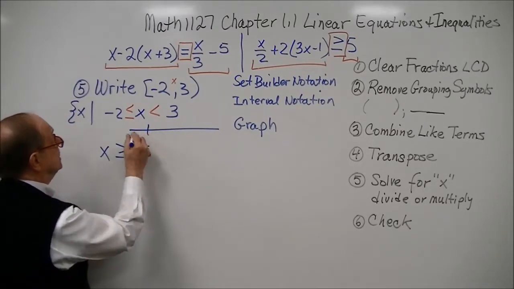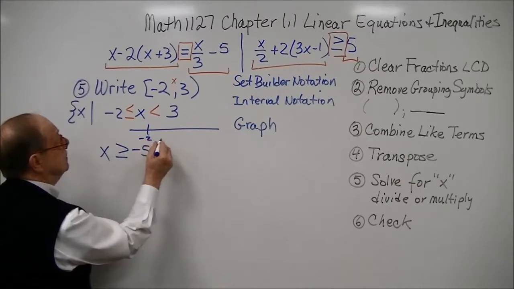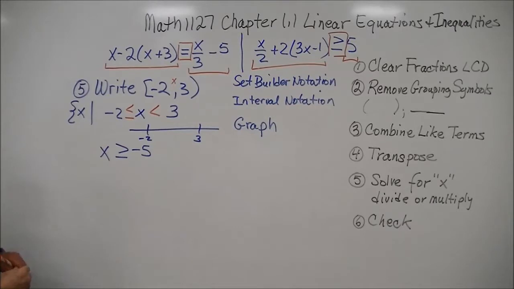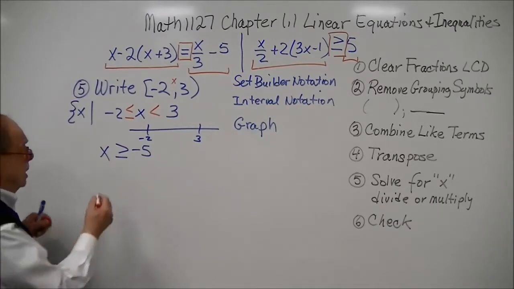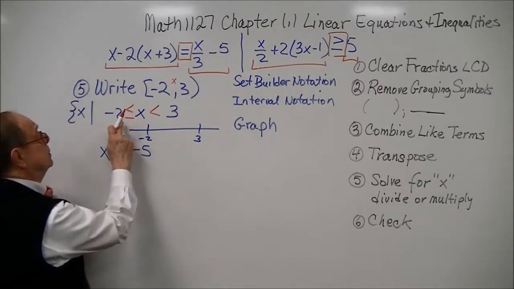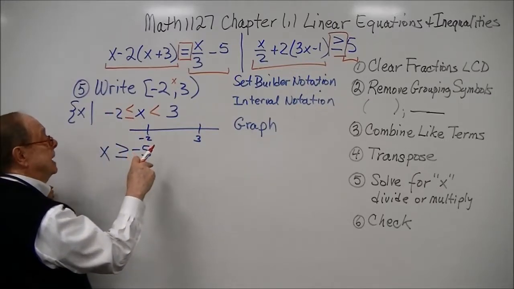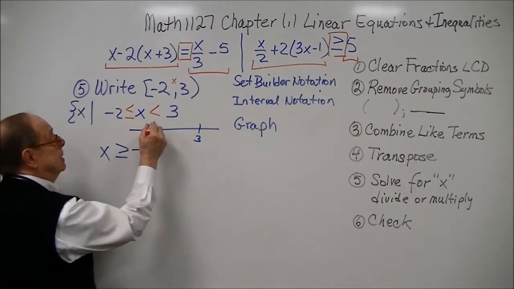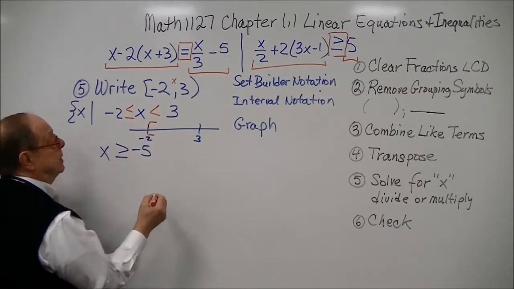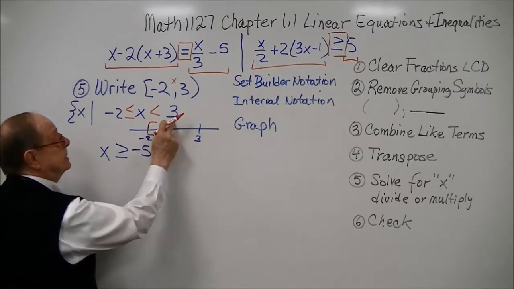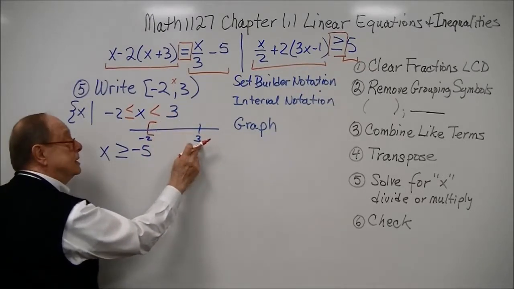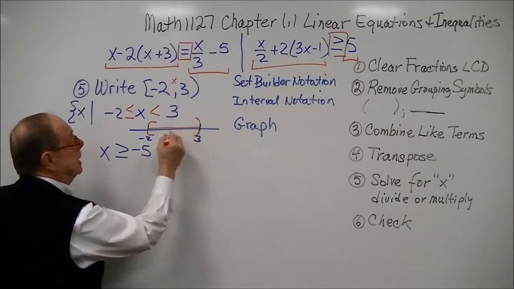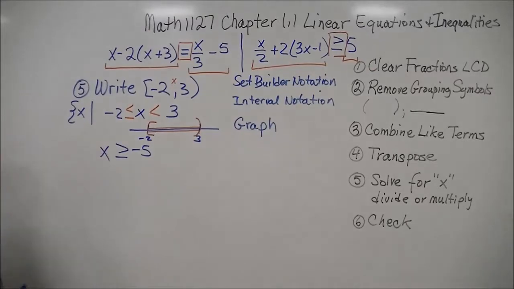And the numbers we're interested in are -2 and 3. And what do we put on this number line? Well, to indicate that -2 is in the set, we're going to put a bracket like so, and that this is less than 3, and 3 is not in the set, we're going to use a parenthesis, and then fill it in like so.